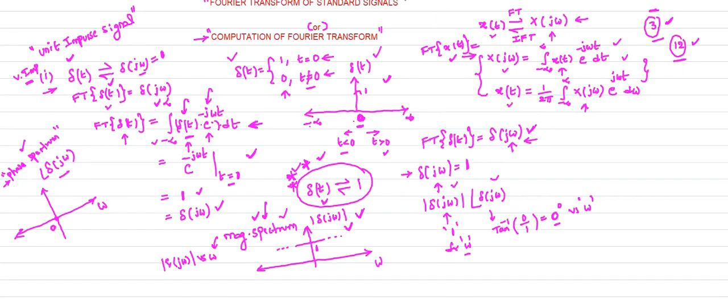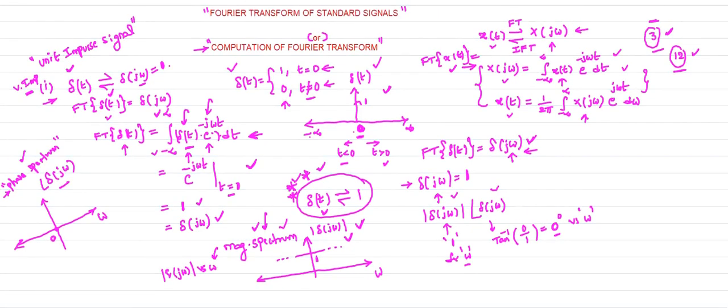Remember, while discussing the Dirichlet's conditions, I told you one point. The third point in the Dirichlet conditions is what? If you want to use this Fourier transform formula to find the frequency domain signal, your signal x of t must be absolutely integrable.